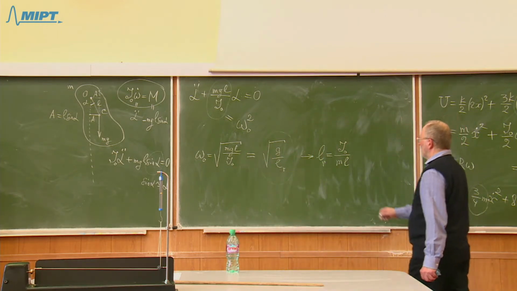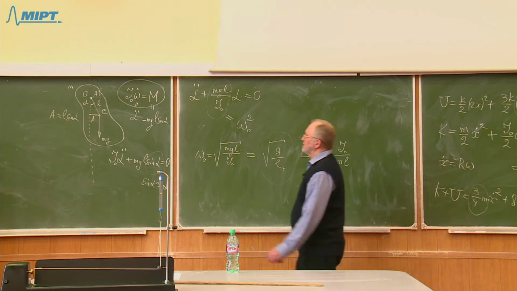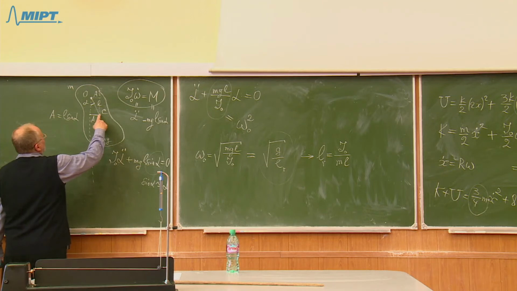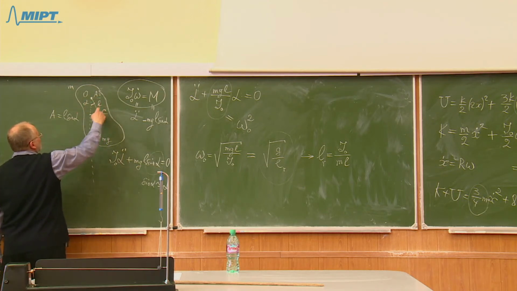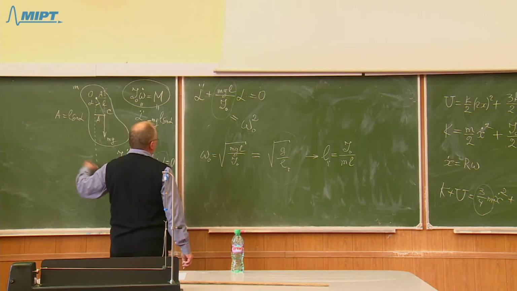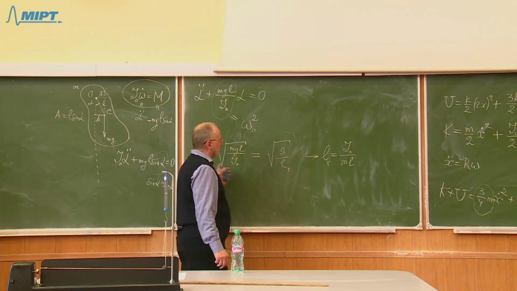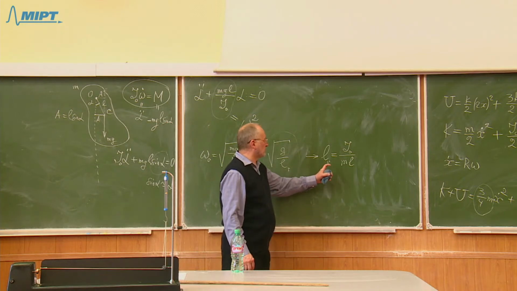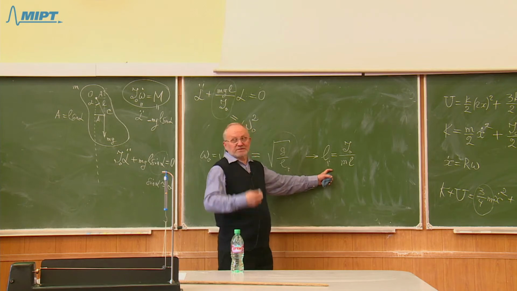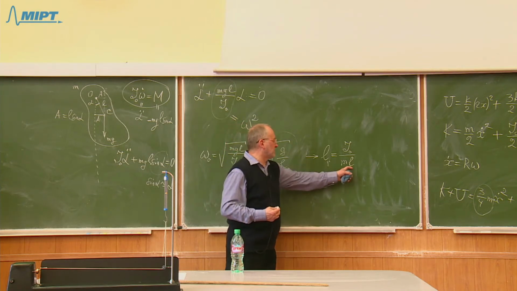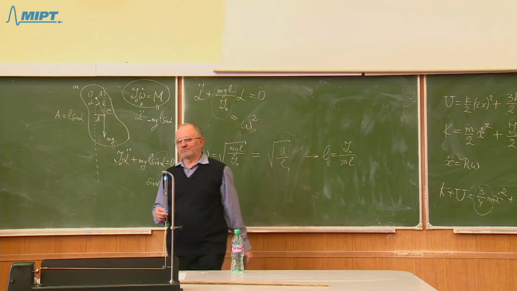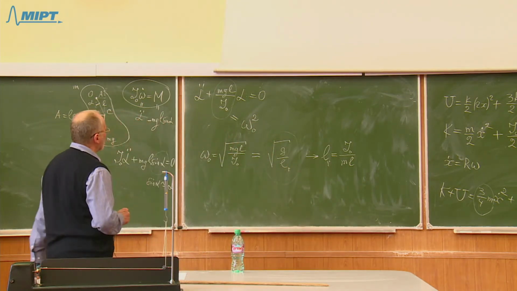So if I have a physical pendulum whose center of mass distance from the axis of rotation is L, then the period of vibration of this pendulum will be the same as the period of vibration of the ideal pendulum. A physical pendulum will have the same period and the same frequency as such an ideal pendulum, whose length is given by this formula.